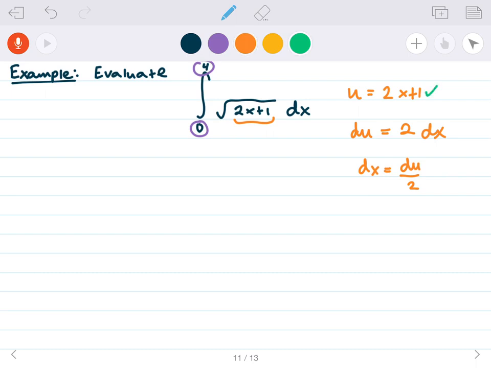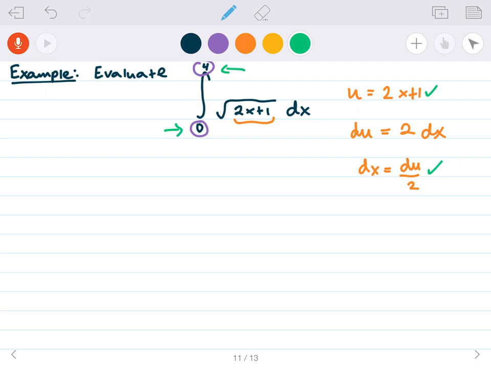I've got this substitution. But what we need to do now is change these bounds, right? Because I'm no longer integrating with respect to x. Once I plug this stuff in, I'm going to be integrating with respect to u. So I'm no longer integrating on these bounds from 0 to 4.